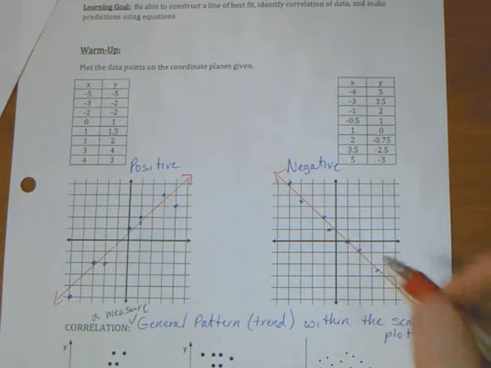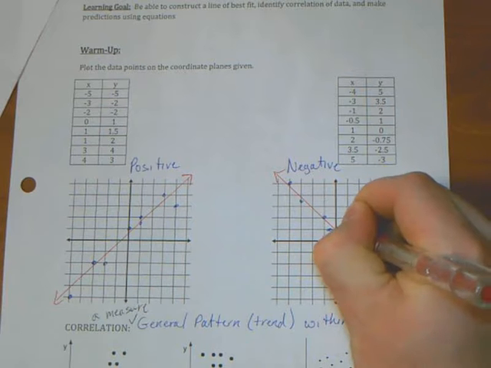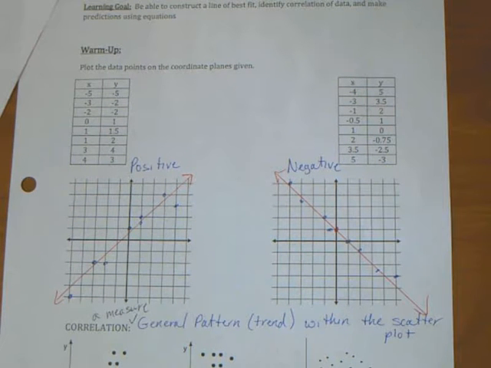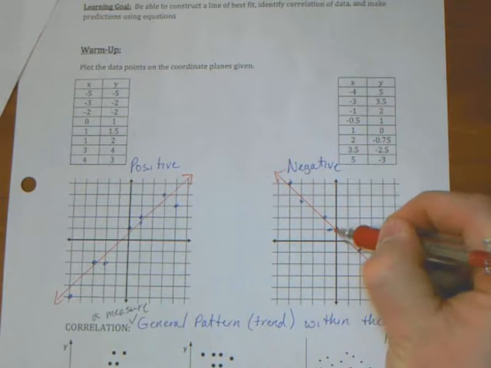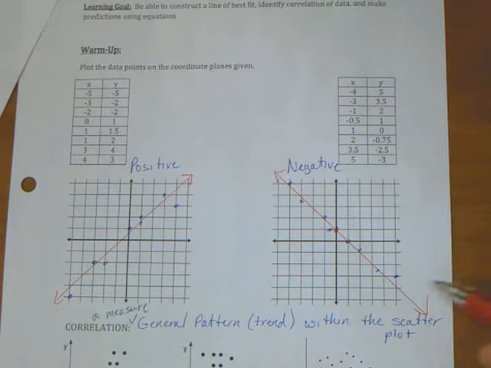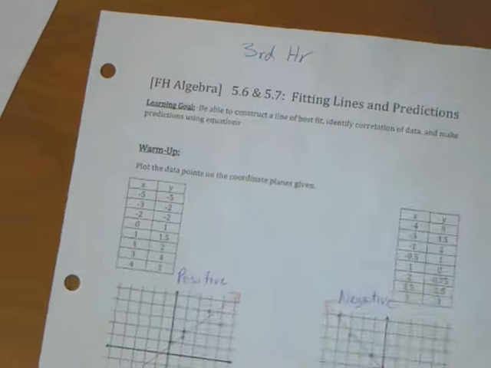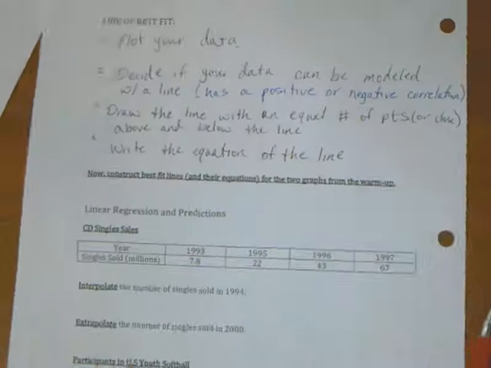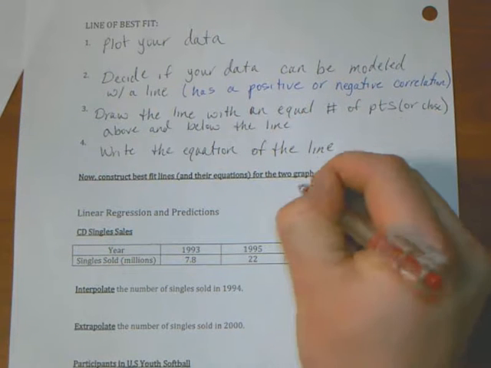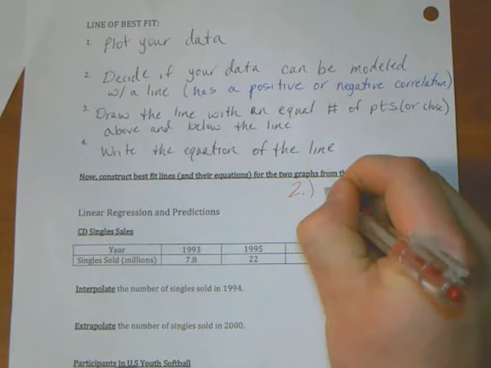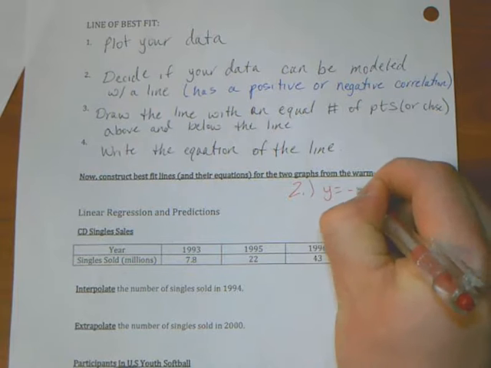It looks really close to 1. And what does it look like the slope of this thing is? -1. Yeah, go down 1, over 1. It looks like it's pretty close. So if you were to write an equation for graph number 2, it'd be something along the lines of y equals -x plus 1.